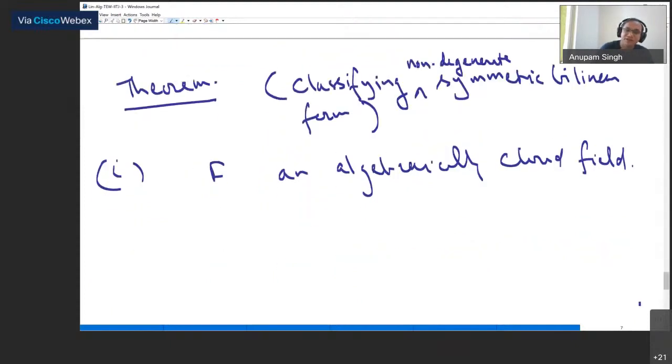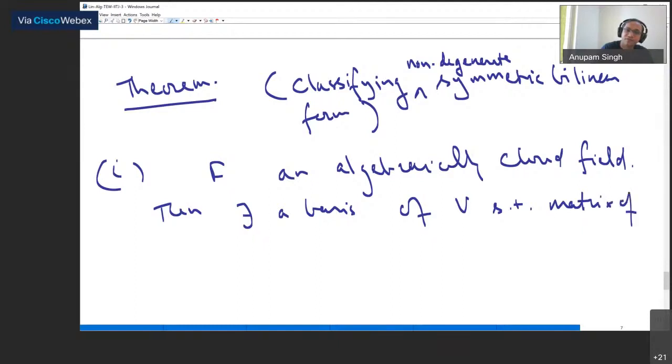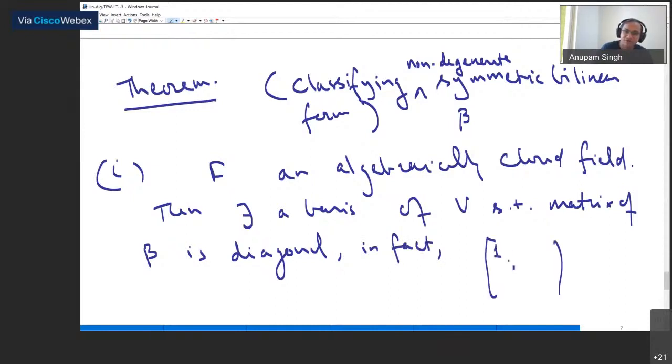So if I have F an algebraically closed field, then there exists a basis of V such that the matrix of beta is diagonal. Suppose this symmetric bilinear form I am fixing, I'm calling it beta. In fact, I can always make it the identity matrix, 1 1 1 1 1.